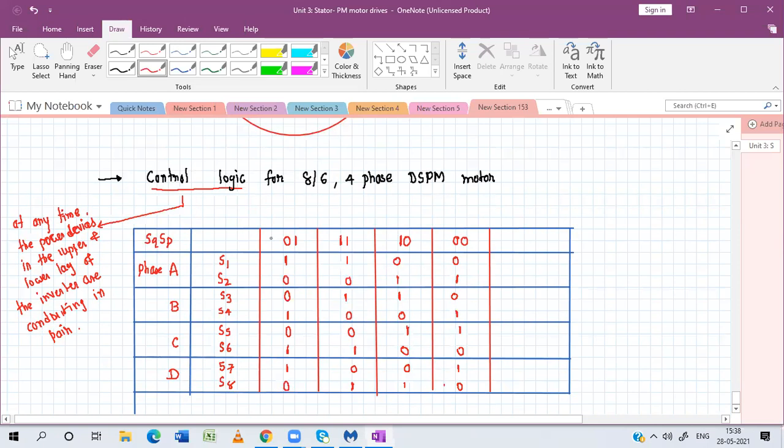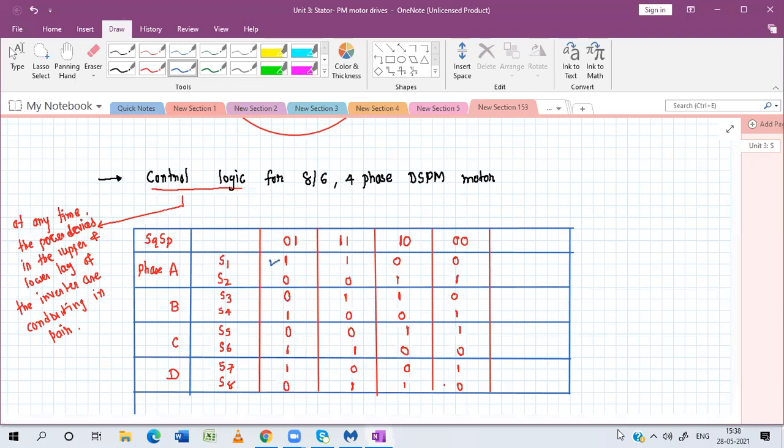If we see this first one, SQ is not activated, but SP is activated. In that case, in the upper leg S1 is conducting, meaning phase A is conducting.